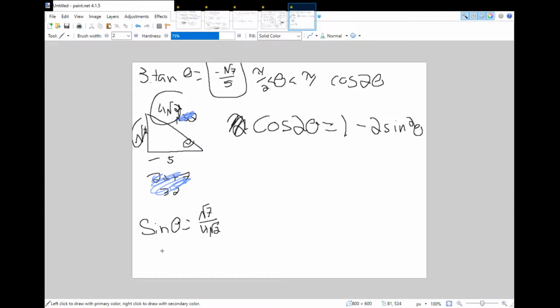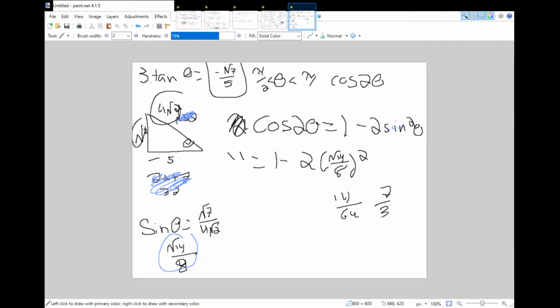If we simplify this, it'll be root 14 over 8, and root 14 cannot be reduced, so this will stay as root 14 over 8. If we plug this value in, we get 1 minus 2 times root 14 over 8 squared. If we square this, it'll be 14 over 64, which reduces to 7 over 32. This fraction no longer reduces.